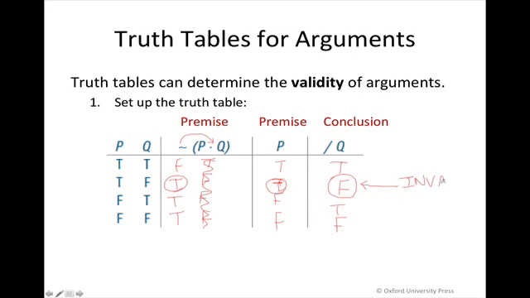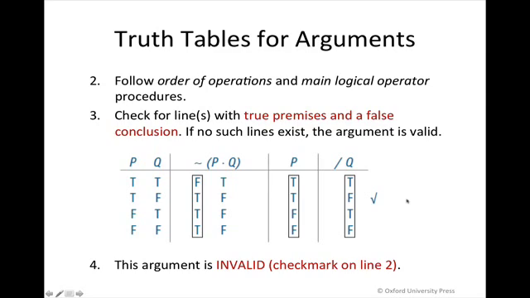The argument is invalid. So here we have each of the relevant columns boxed up, and you also can see the check mark next to the conclusion on row number 2 that shows the argument is invalid.